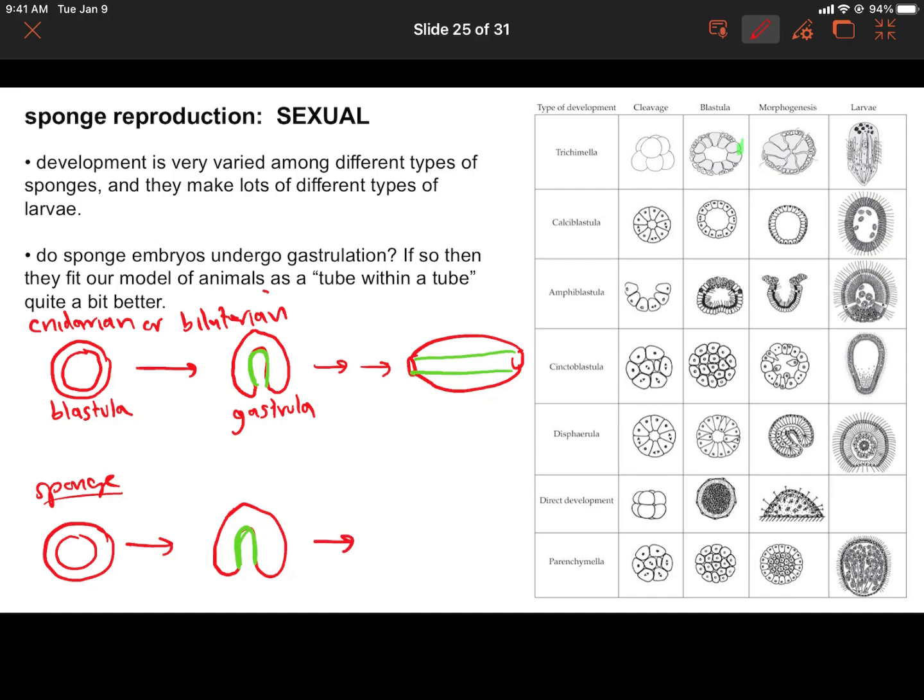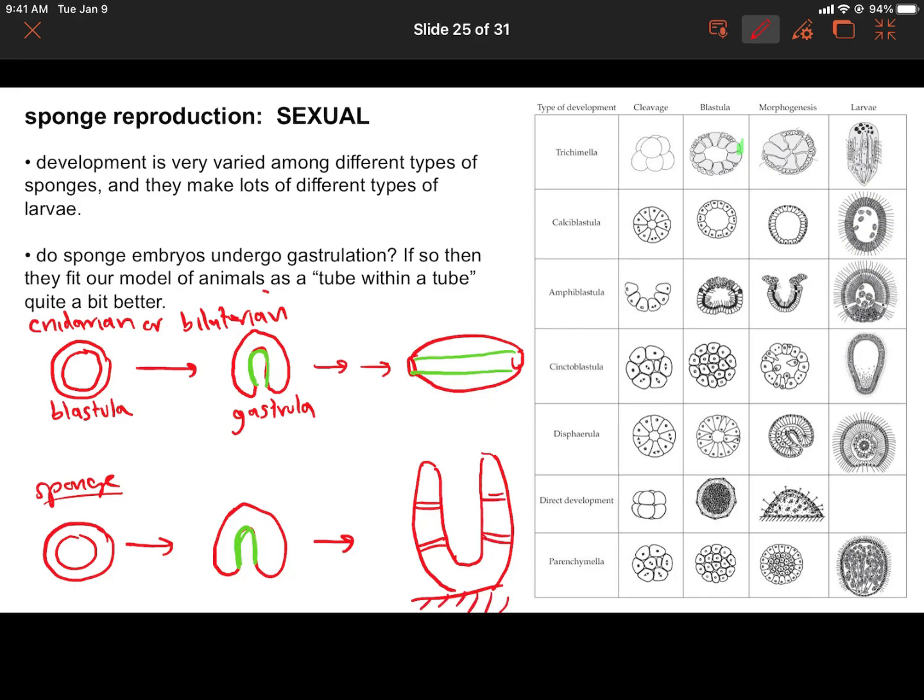So does it do the same thing that the cnidarians and bilaterians do above, that inner part of the gastrula, the endoderm forming that inner part of the sponge? Well, if you look at a Leucoselenia type sponge here, it looks like this, and there's that inner layer that has choanocytes. I won't draw the ostia through here, just like our generic drawing of a sponge, right?